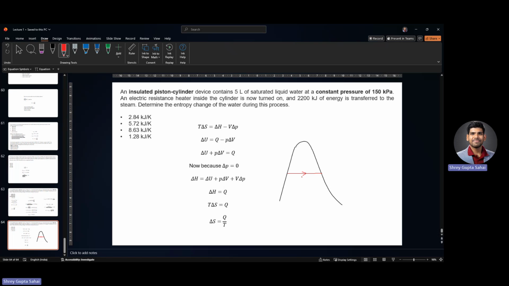Now move in the saturated state. Along this line, temperature does not remain constant. So what is the issue there?